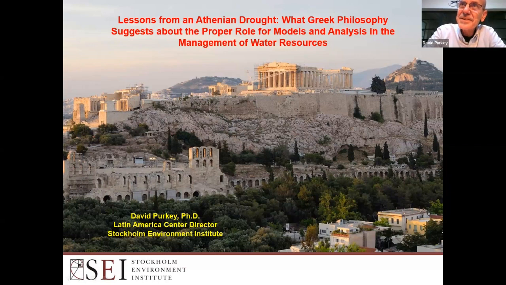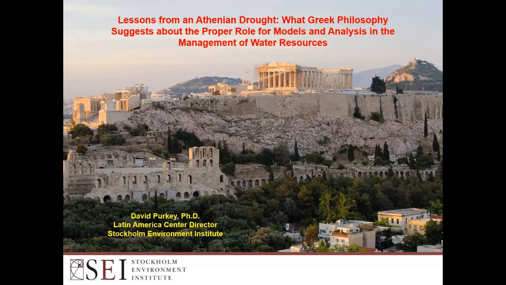The goal here is just to plant some philosophical questions as to how we should properly conceive the role that models play in resolving complex water resources challenges in our living labs, our learning labs, but also in any context where water managers and stakeholders are involved in a discussion about what the proper course of action might be.